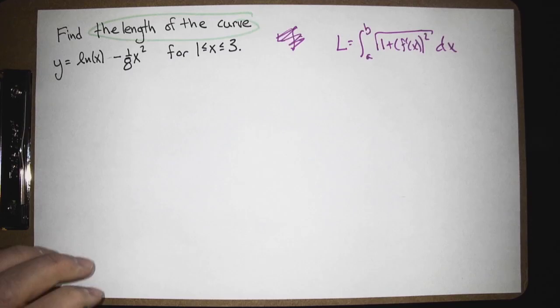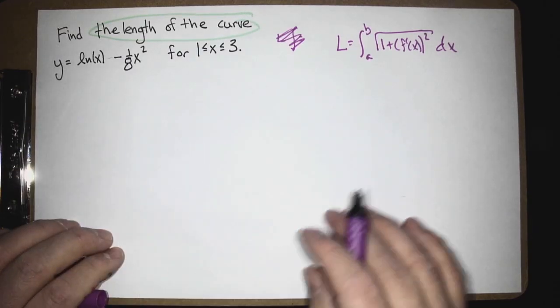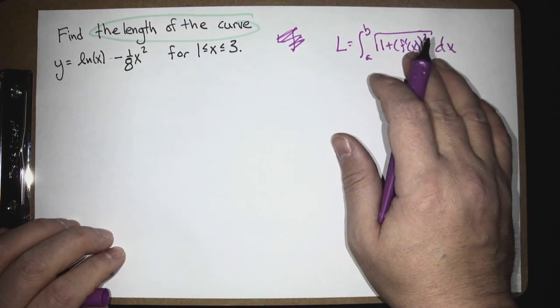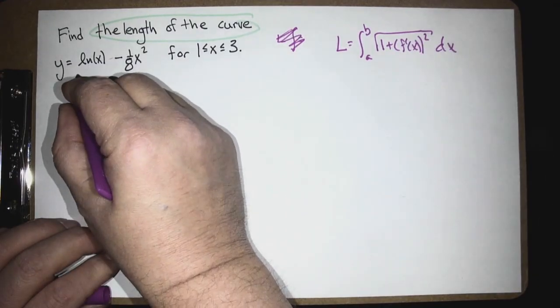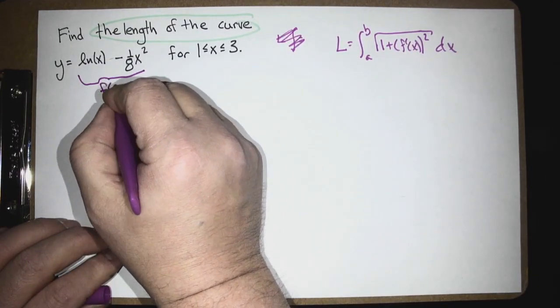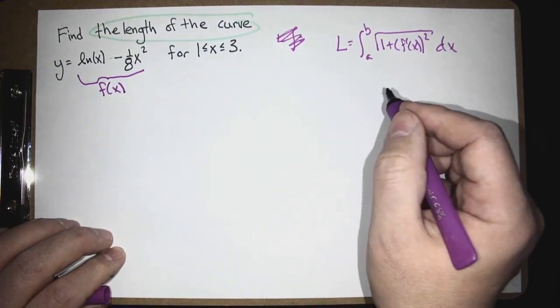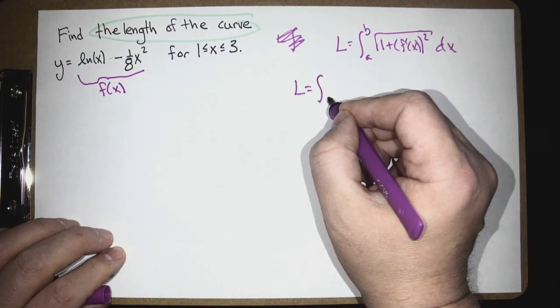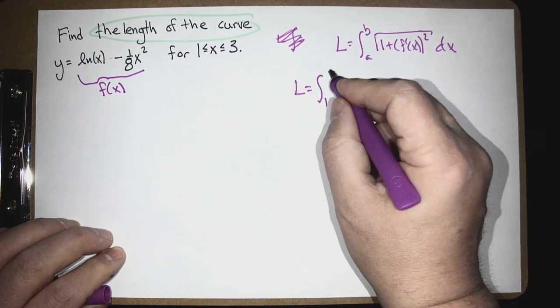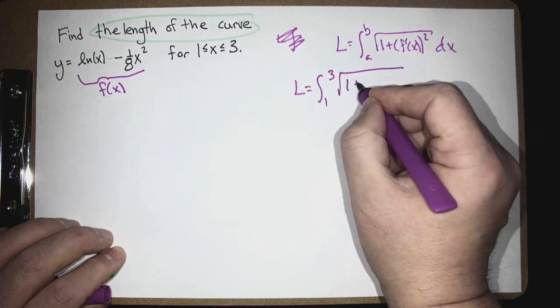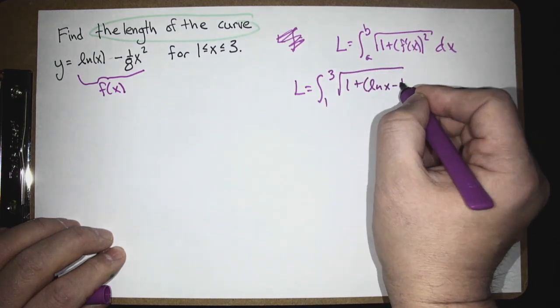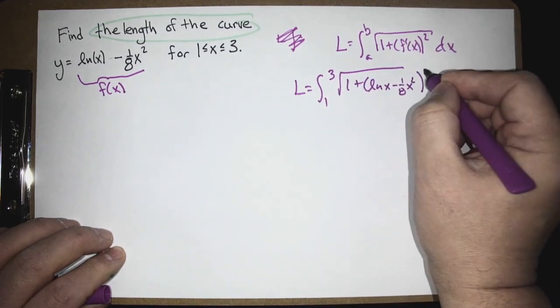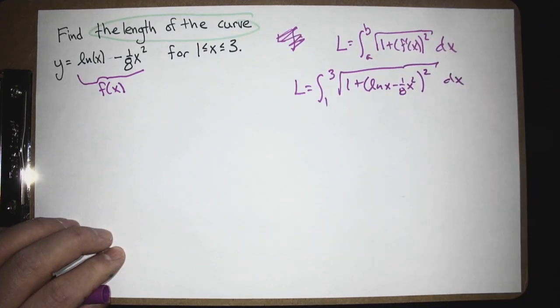So we just have to identify certain things. What is the f of x? Right, this is your f of x. Now, is our formula telling us that we should go integral 1 to 3, square root of 1 plus natural log x minus 1/8 x squared dx?